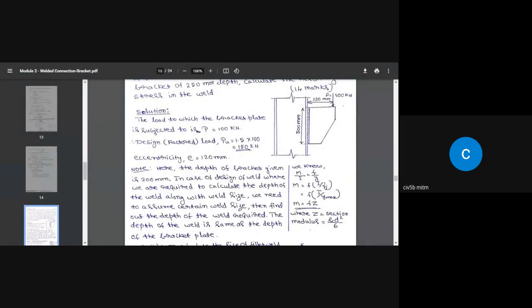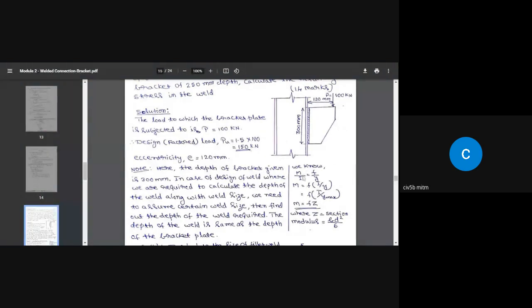This is the bending equation: E by R equal to M by I equal to F by Y. E by R, of course, we don't use, so I'm going to maintain this and use this equation to solve the problem.